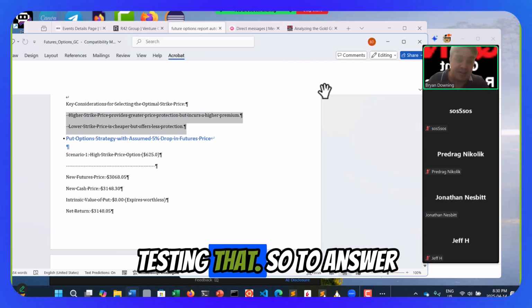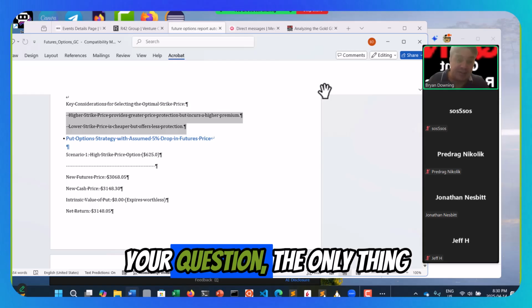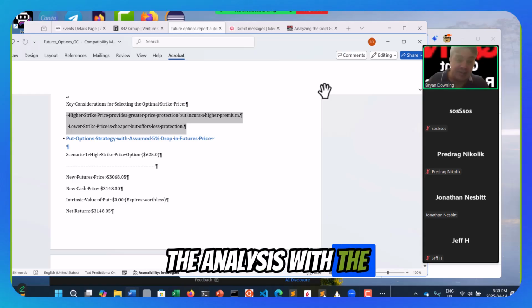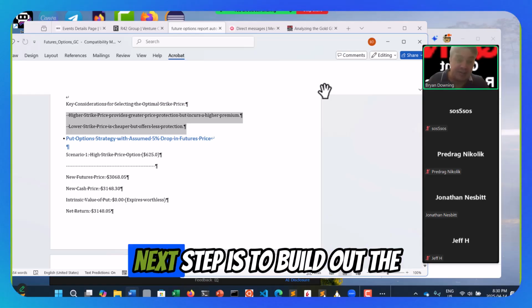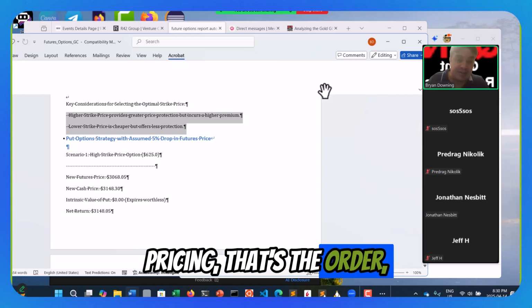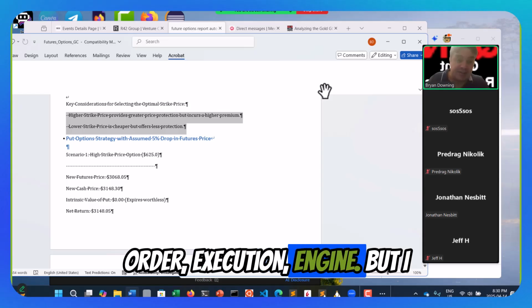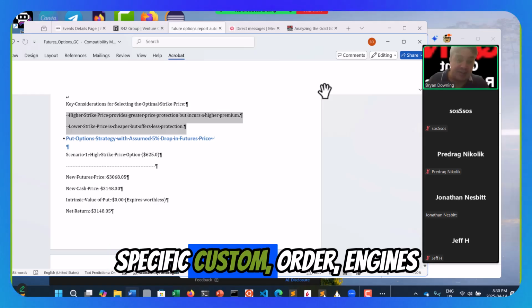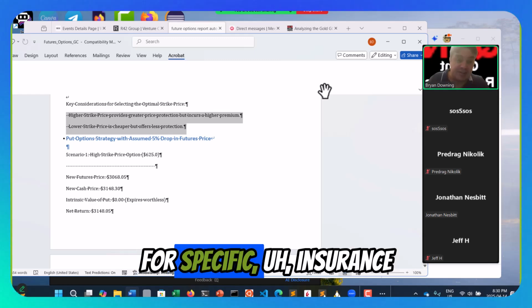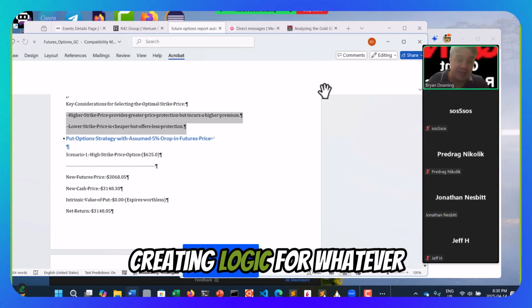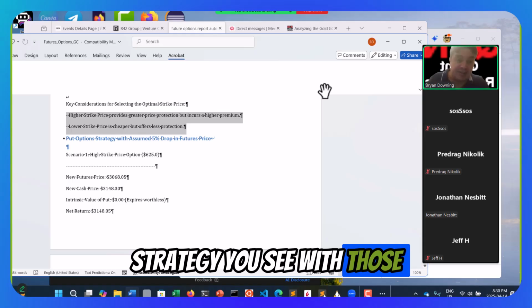I believe we're going to come to that point. I'll be testing that. So to answer your question, right now I can only run the analysis and the automation. The next step is to build out the pricing. When I say pricing, that's the order execution engine. I think you'll be able to build out custom order engines for specific instruments and build in the custom trading logic for whatever strategy you see with those opportunities.